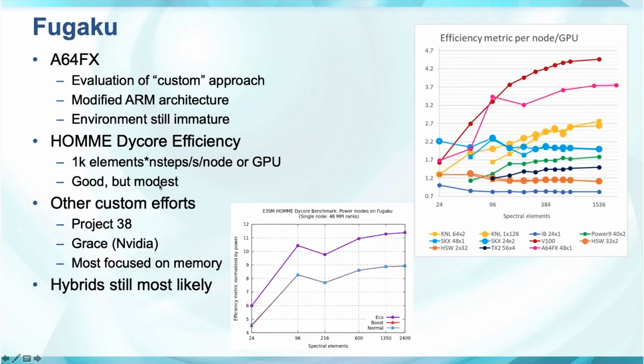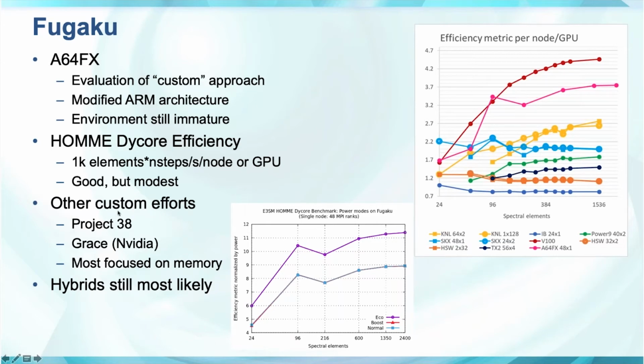It's good, but it's still modest for a new machine out there. It is good also in the sense that for a lot of these chips, you can adjust the power mode that the processor is working on, so we can run in a more energy efficient way on this architecture.